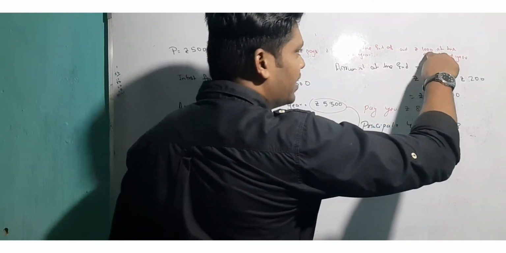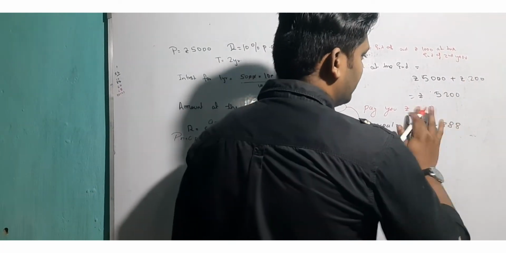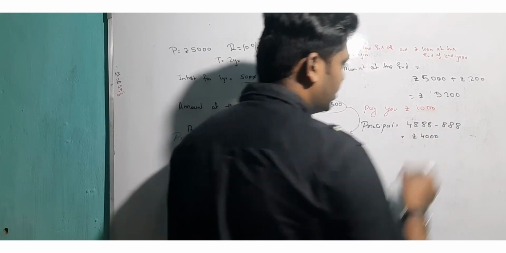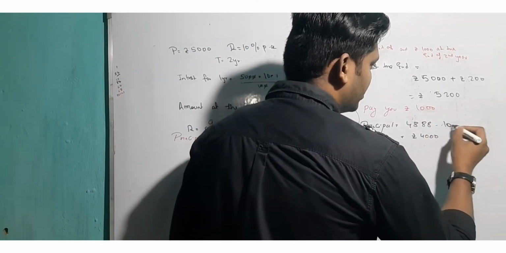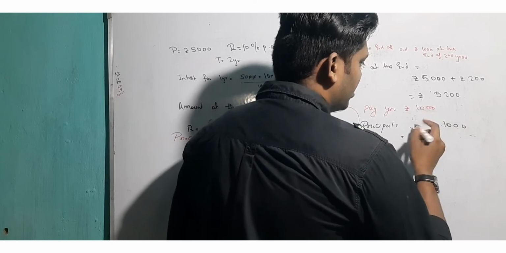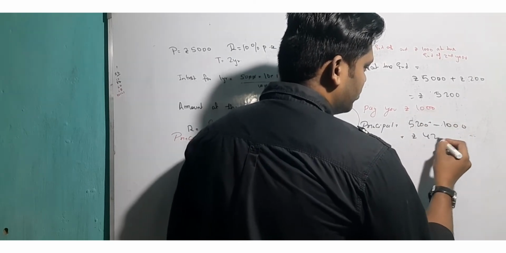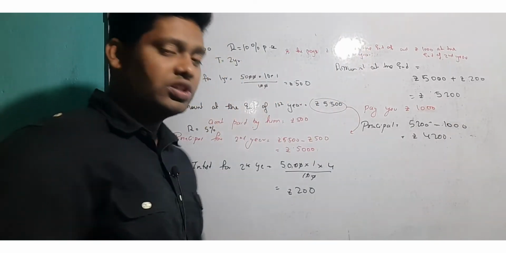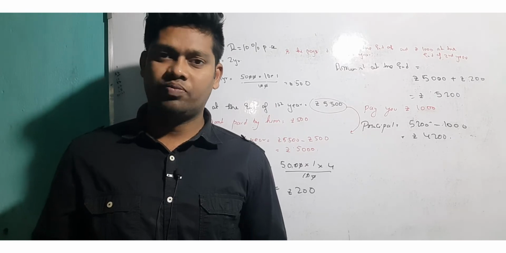Again he has paid 1,000 at the end of second year. So 5,200 minus 1,000 is 4,200. So this is the amount which is outstanding at the end of second year.